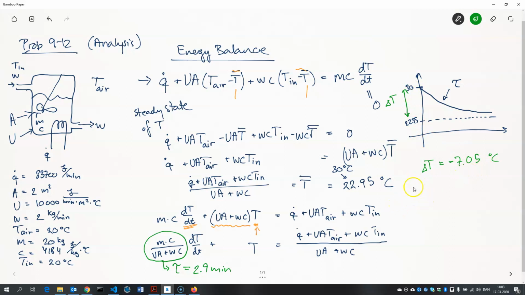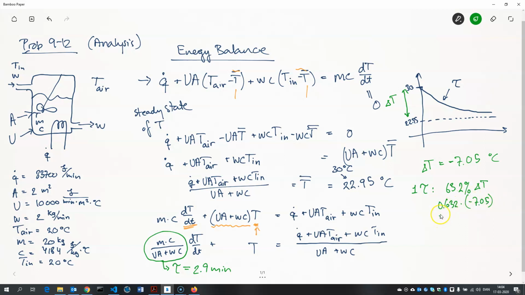So in one characteristic time, so in 2.9 minutes, more or less, it should do like 63.2% of that change. So that means 0.632 times minus 7.05.